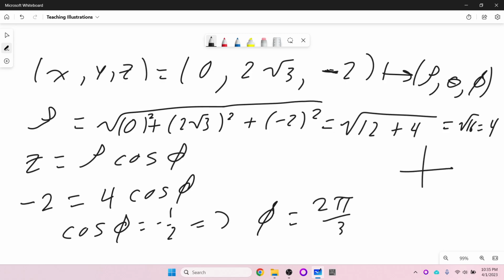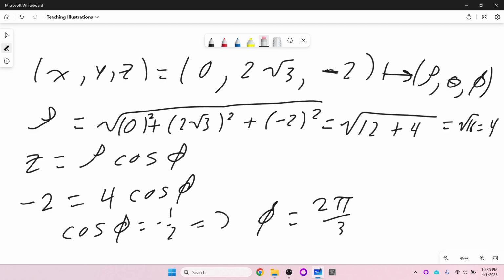That's trig there. 60 degrees gives you cosine is 1/2. So 120 degrees, same reference angle, gives you cosine of negative 1/2.